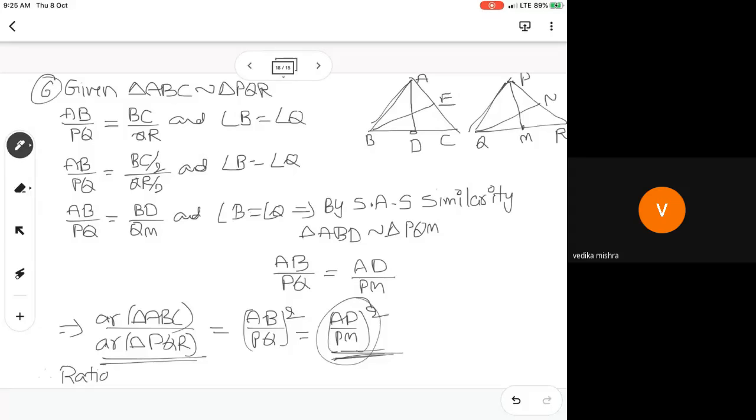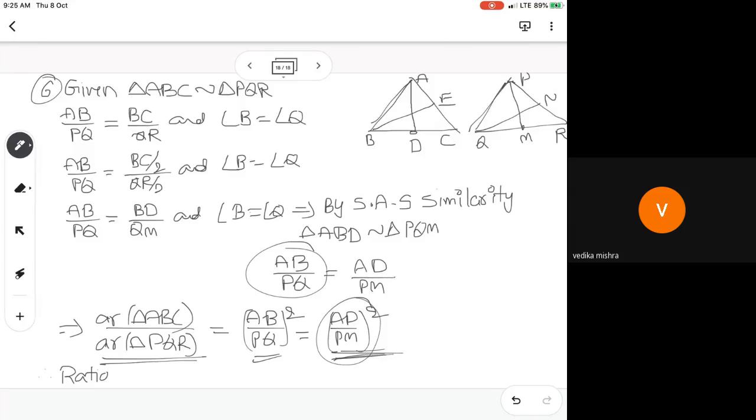We know that the ratio of the areas of two similar triangles is equal to AB by PQ whole square, BC by QR whole square, AC by PR whole square, that is by the theorem. But if corresponding medians are asked, whenever medians are asked, we have to prove that AB by PQ is equal to AD by PM. Okay, sir. Did you understand now?